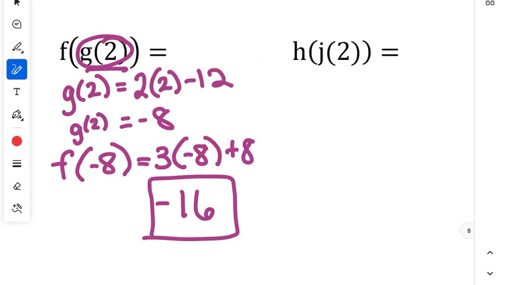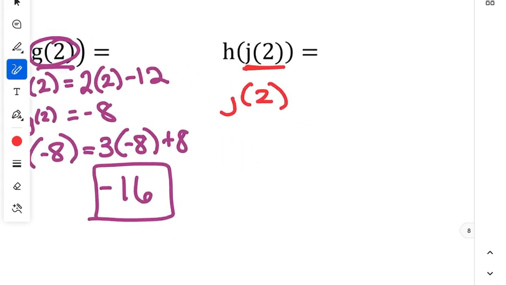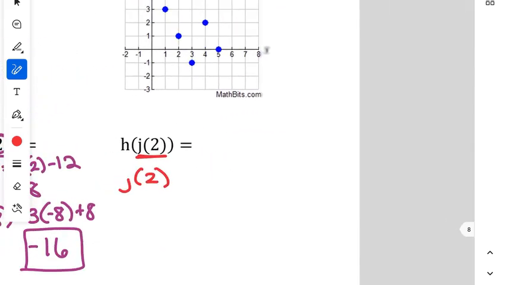All right, the next one, we have h of j of 2. So always do the inside. So we need to do j of 2. So the j function is the graph. So this is saying when x is 2, what is y? So x is 2, what is y?